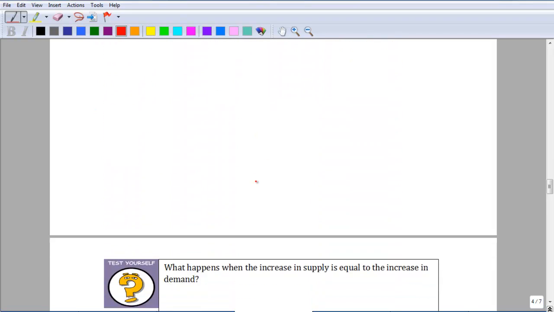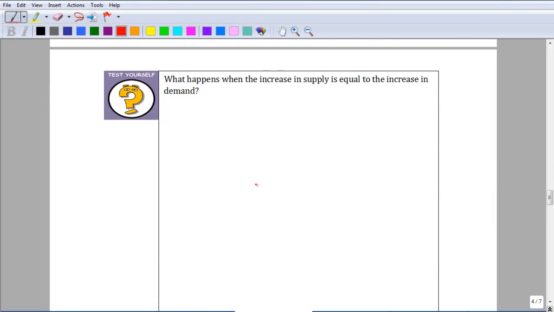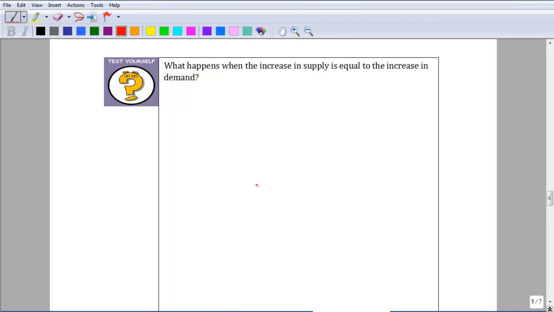Now let's take a look at this test yourself box. What happens when the increase in supply is equal to the increase in demand? So this will be a case whereby both the curves will shift by the same extent. So let's try and draw together.